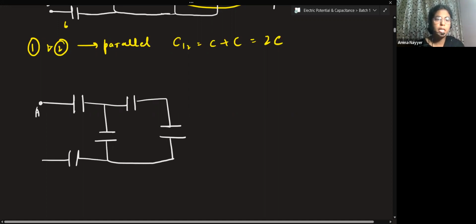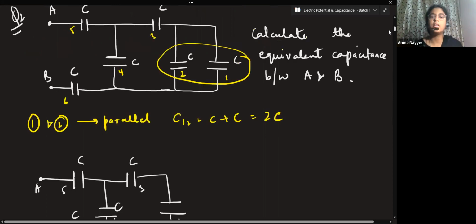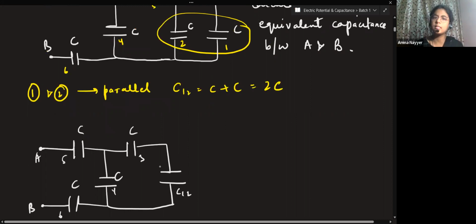This was point A, this was point B, C, C, C, C. This is the fifth, sixth, fourth, third, and C12 has been combined. This C12 only, I have reduced it to a single capacitor C12.